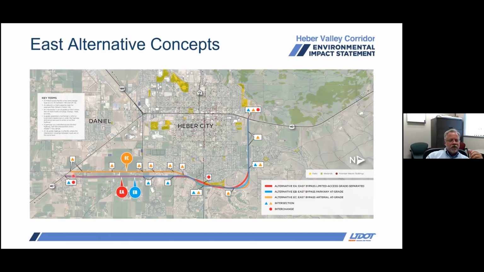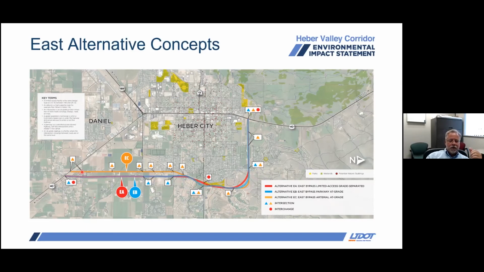The main difference between these alternatives, once again, is the speed of each of these facilities and how they make connections to the local road network. All of these east bypass alternatives generally follow the Heber City East Bypass roadway that is currently in process of being constructed in this segment north of Center Street.